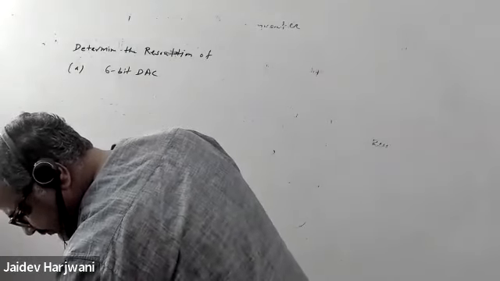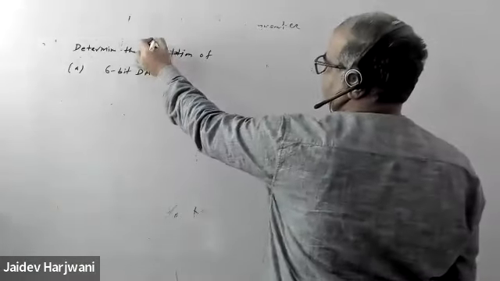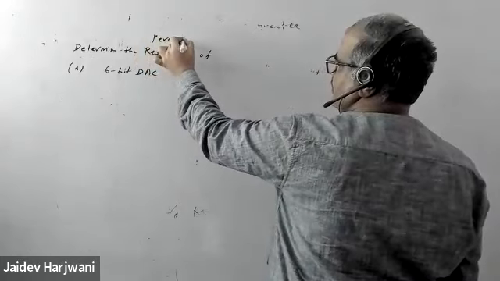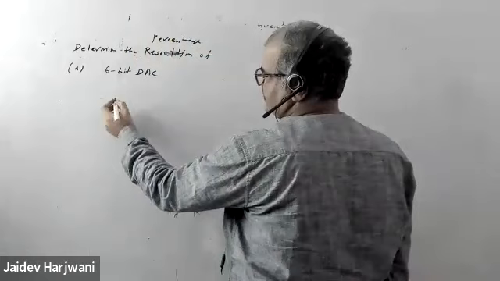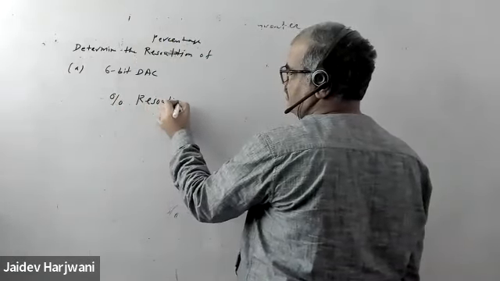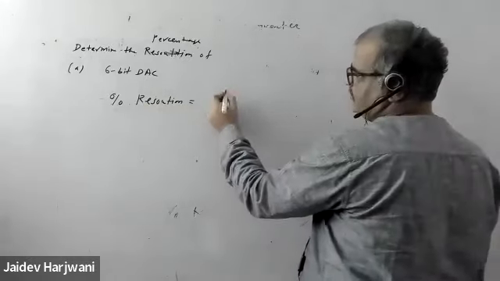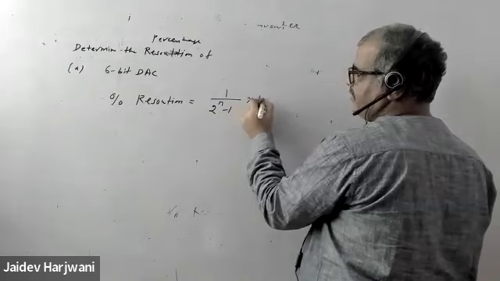Determine the percentage resolution of a 6-bit D2A counter. So how much will the percentage resolution be? We know the formula: it equals 1 upon 2 power n minus 1 into 100.